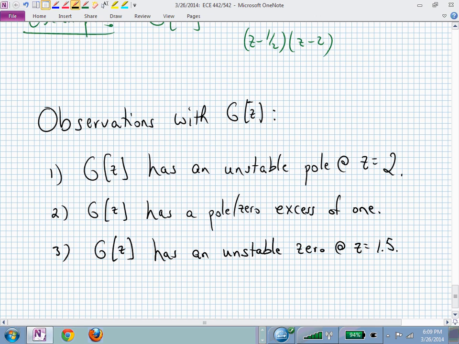It's just in the region where you would call your poles unstable, so we refer to it as an unstable zero. Instead of saying you have a zero outside the unit circle, it's just convention to say you have an unstable zero.